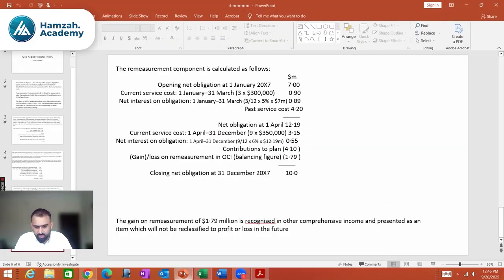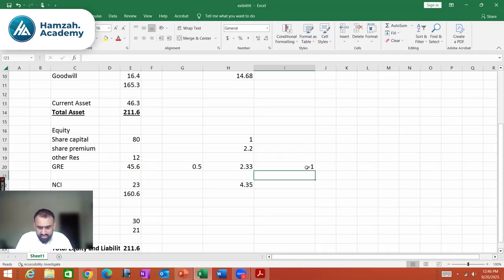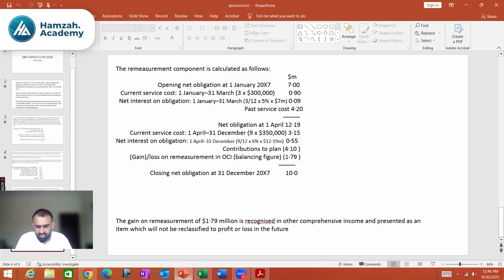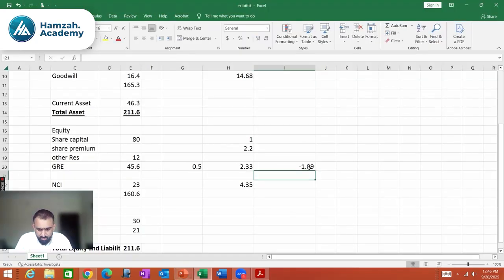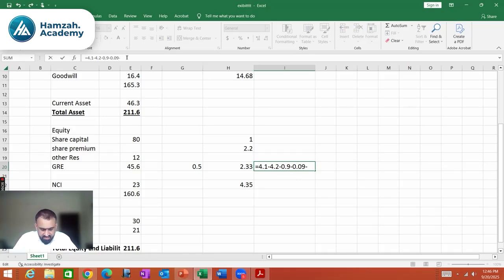Then interest for the first 3 months is 0.09, which will be treated by debiting the group retained earning. Then the current service cost for the next 9 months after the amendment is 3.15, which will be recorded by debiting the group retained earning.